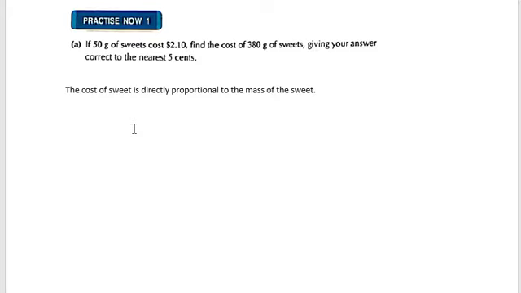So from the first given amount, if 50 grams of sweets cost $2.10, I consider weight 1 equals 50 grams and cost 1 equals $2.10.